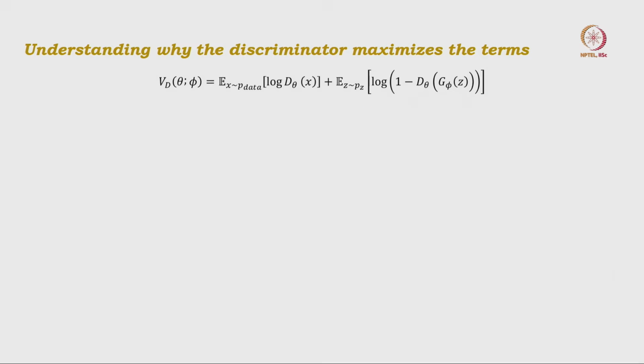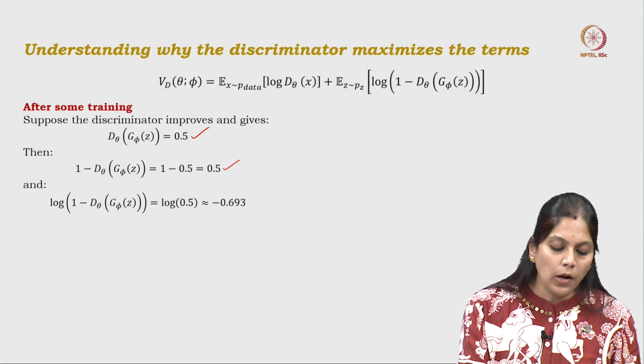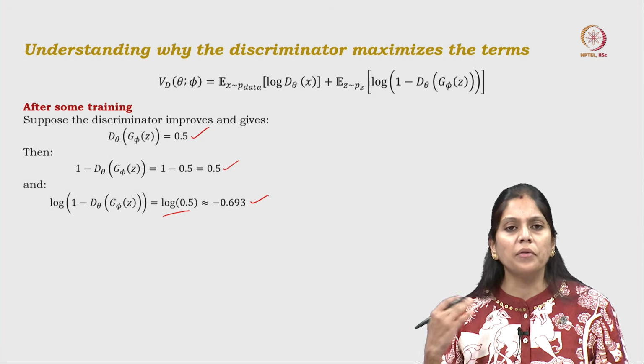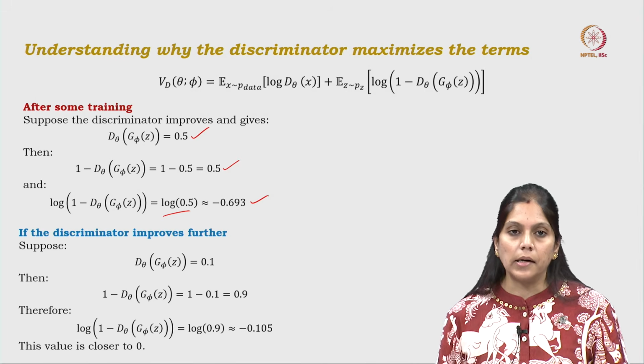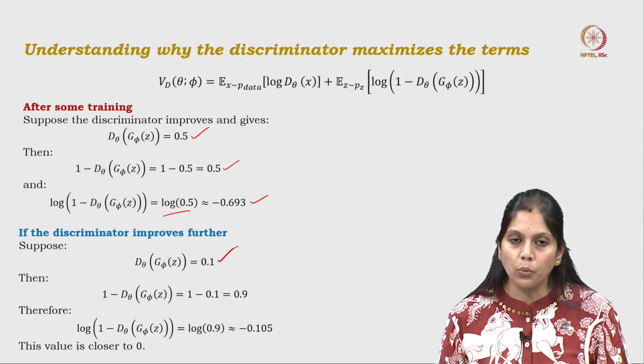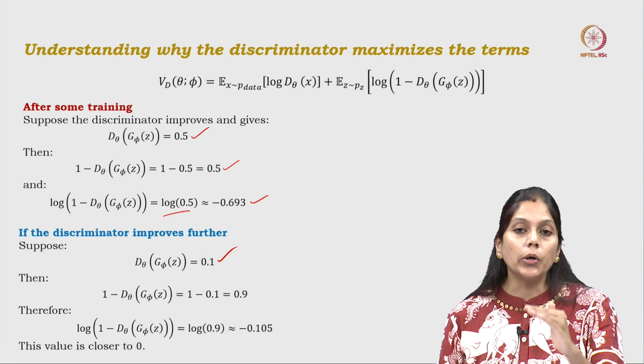As the training progresses, after some training, let us assume the discriminator has produced this particular value for a generated sample. 1 minus this gives 0.5, and you have obtained log 0.5. After further training, let us assume the discriminator has given the probability 0.1, which means the probability is now closer to 0.